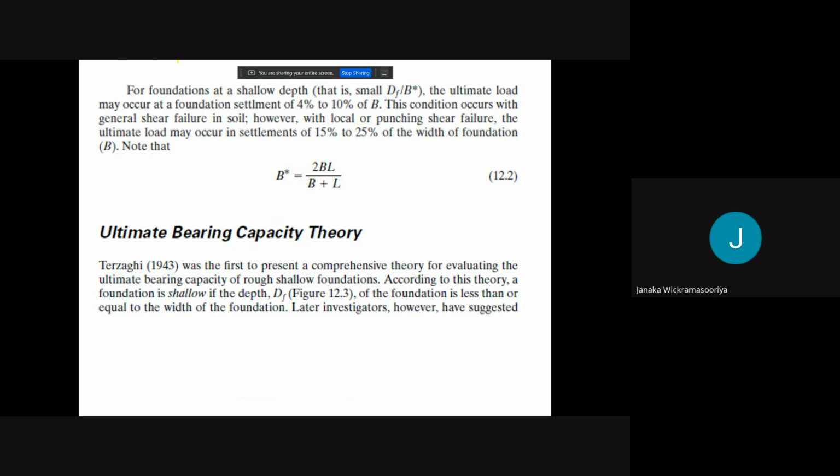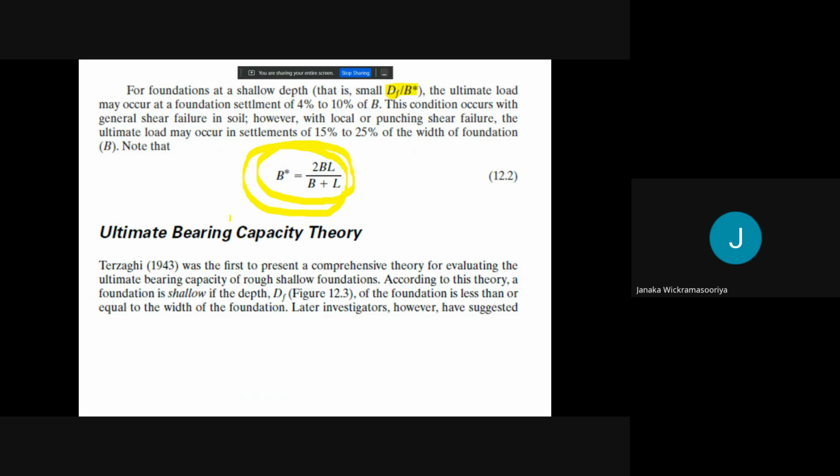For foundations at a shallow depth, the ultimate load may occur at a foundation settlement of 4% to 10% of B. This condition occurs with general shear failure in soil. However, with local or punching shear failure, the ultimate load may occur at settlements of 15% to 25%. This is how you can find the effective width in the calculation, dF over B star.